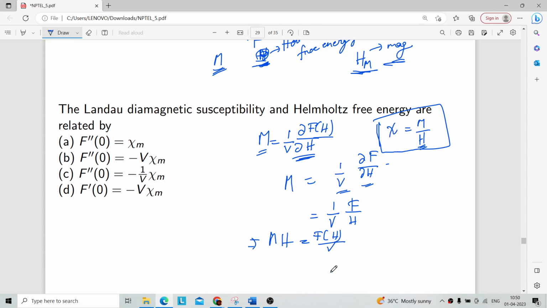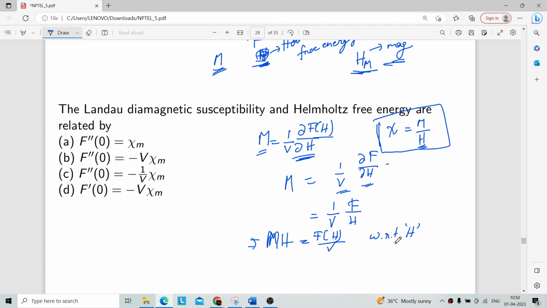Then I can take the derivative with respect to H on both sides, as we need some F double prime.